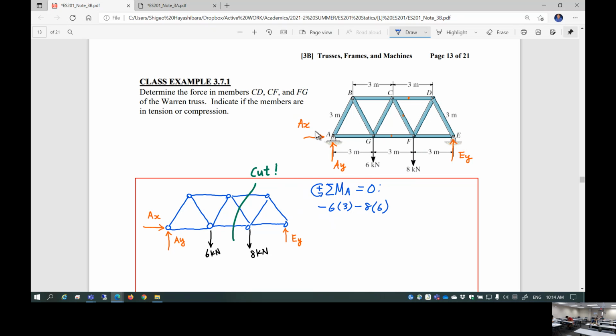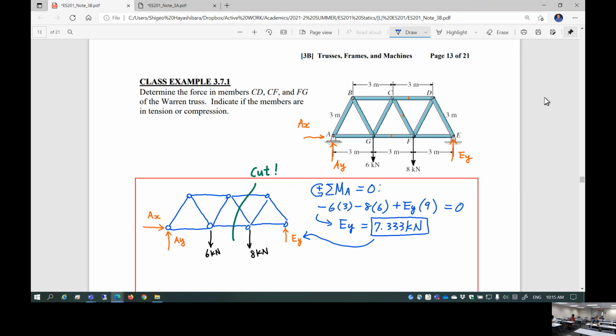EY creates a positive moment, right? Plus EY times 9 meters. This must be equal to 0. This gives you EY straight out, isn't that right? That's all I want. EY is 7.333 kilonewton. That's what I wanted to know, and that's it.